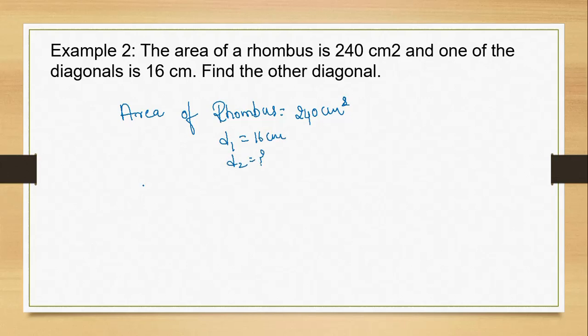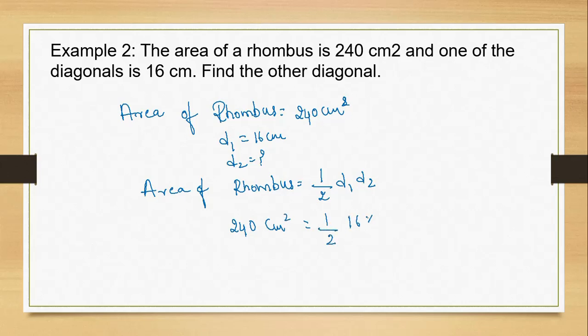We don't know that. We know the formula: area of rhombus is equal to half of D1 D2. Here they have given the area, that is 240 centimeter square, equal to half of 16 into D2.